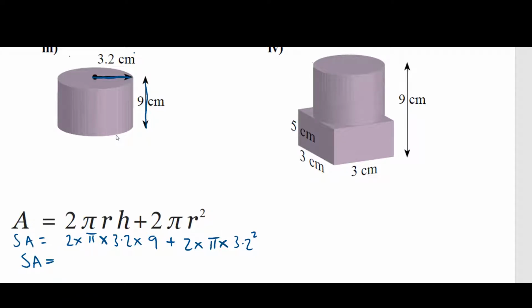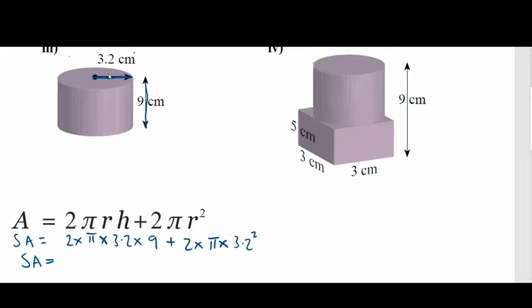And what you'll get is this. So 2 times pi times 3.2 times 9 plus 2 times pi times 3.2 squared.